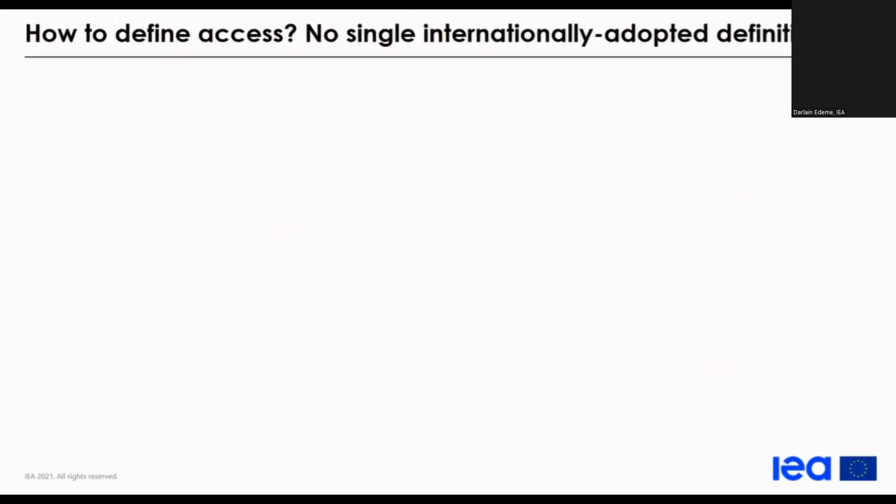Okay, now let's enter more into the definition of electricity access. It's important to have in mind that there is no single internationally adopted definition and there are different ways of approaching this topic.